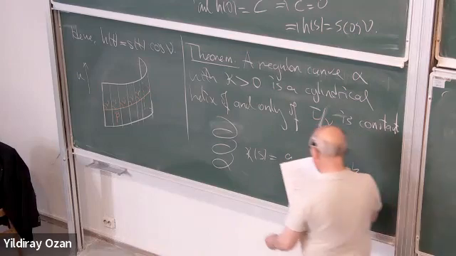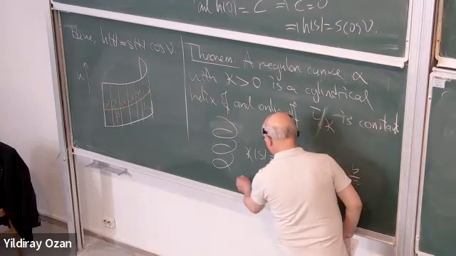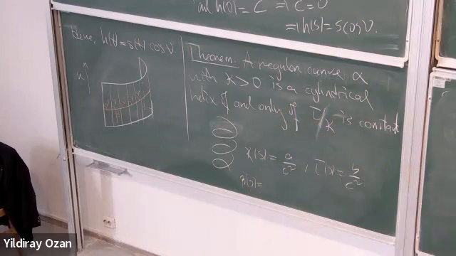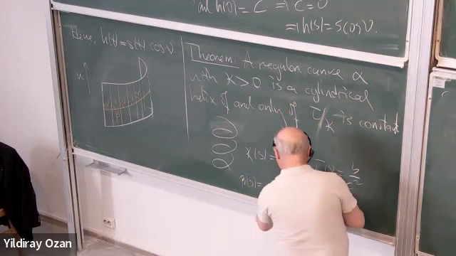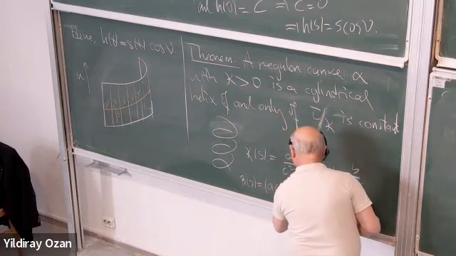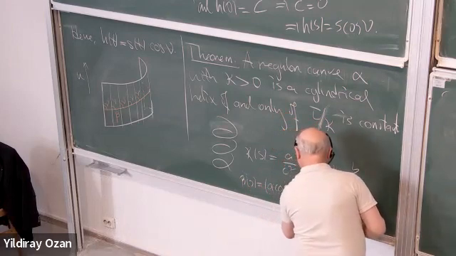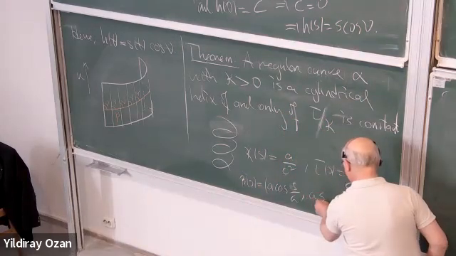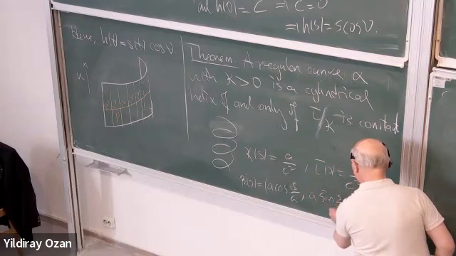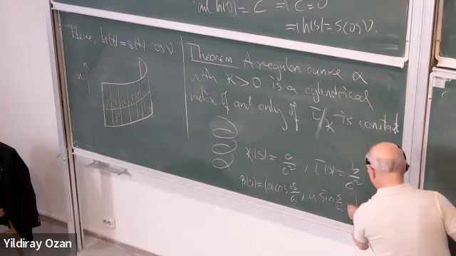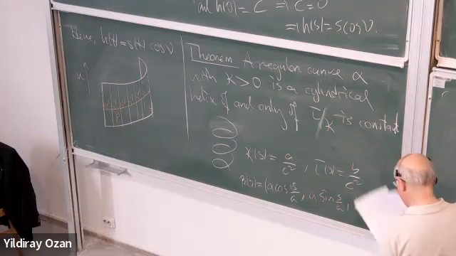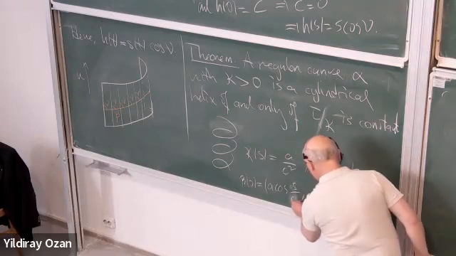The curve beta s was what? A times cosine s over c, a times sine s over c, and then b s over c.